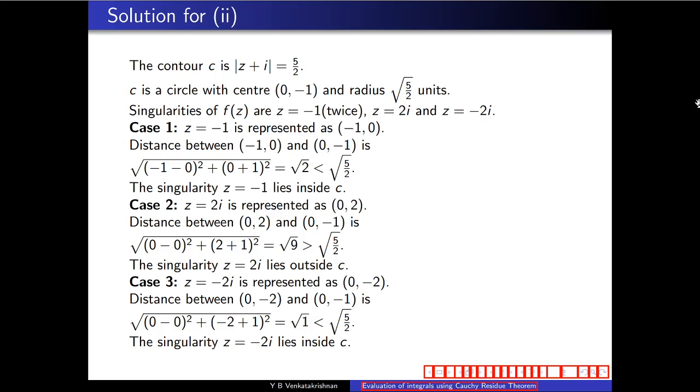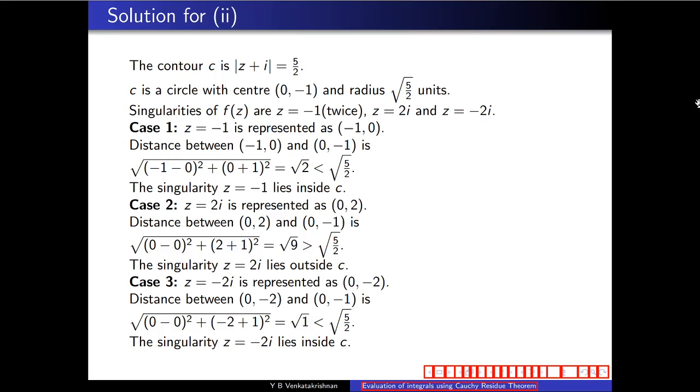So I conclude z is equal to minus 2i lies inside C. So out of the three singularities for the function f of z, two of them lie inside C and one, namely z is equal to 2i, lies outside C. And this singularity z is equal to 2i does not contribute to the value of the integral, as it lies outside C.